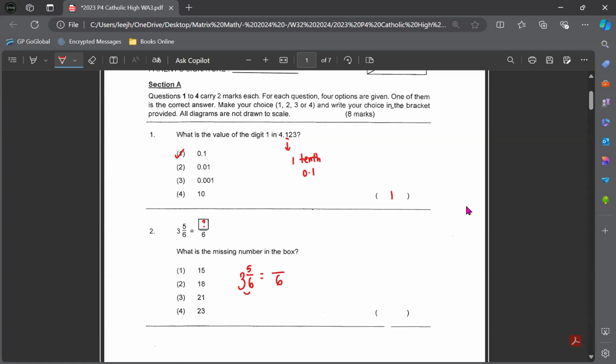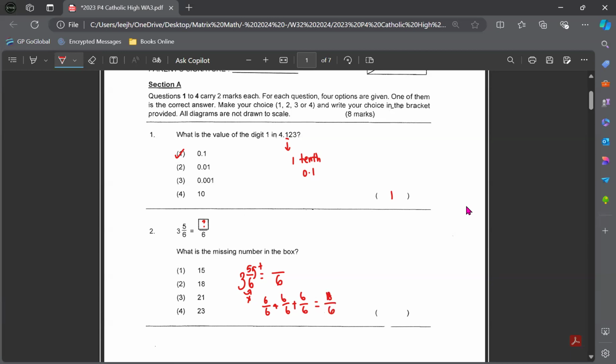So actually you just take 3 times 6, then you plus the 5. Because 3 groups of 6 is actually 6 over 6 plus 6 over 6 plus 6 over 6. This is 1 whole, 2 wholes, 3 wholes. So 6, 12, 18. So it will be 18 over 6.